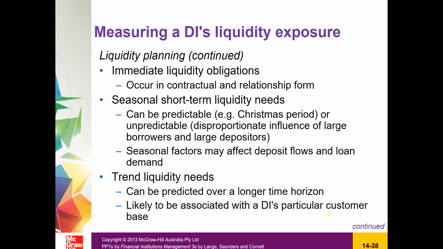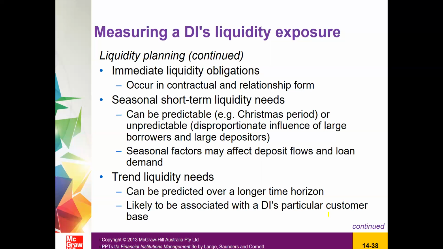Seasonal or short-term liquidity needs, on the other hand, is the liquidity required of a depository institution to enable it to meet the demand for liquidity that fluctuates with seasonal factors. For example, deposit withdrawal increases during December and Easter holiday periods, and in farming communities in spring because of the planting and fertilizing season, when loan demand rises and deposits fall.